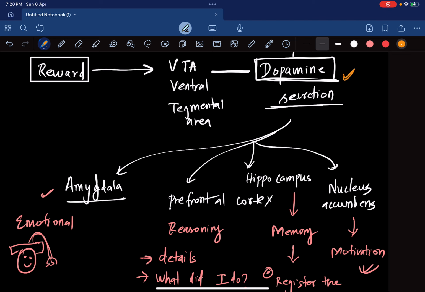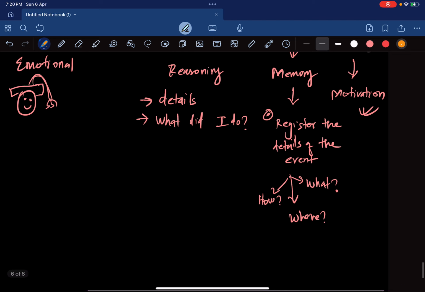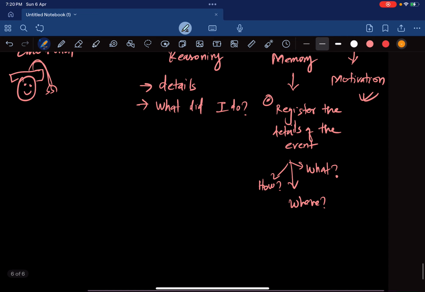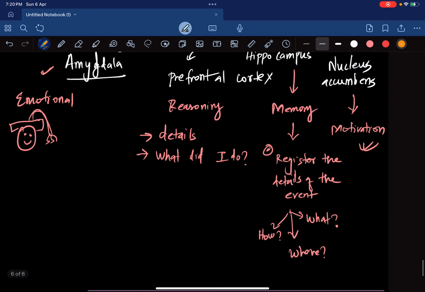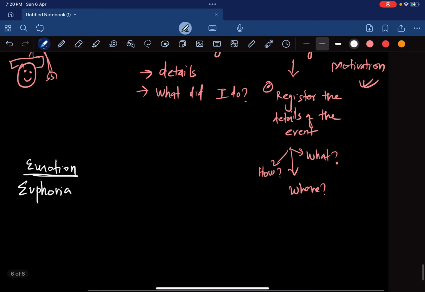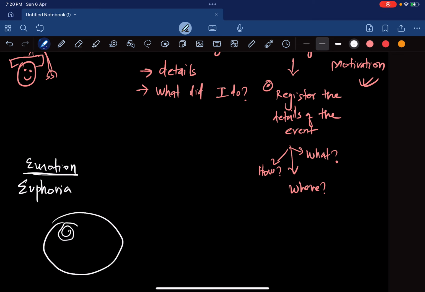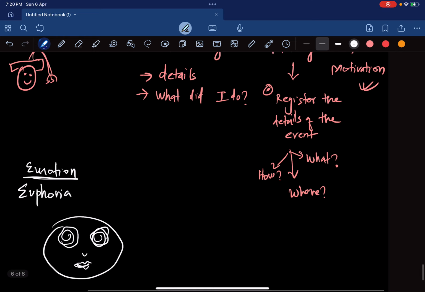Now, consider the same thing in a drug addict. When someone consumes the drug, there is an emotion of euphoria. The sense of being lost, the sense of being relieved of all the problems, a very temporary sense of euphoria.